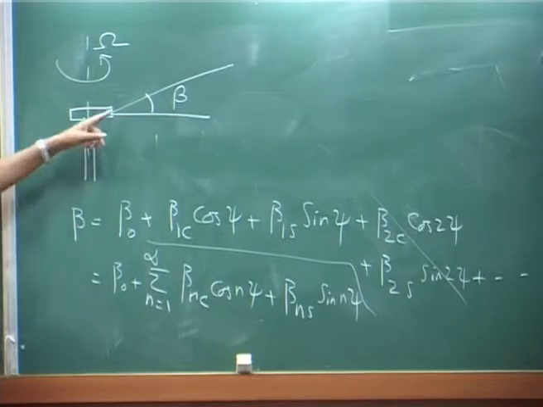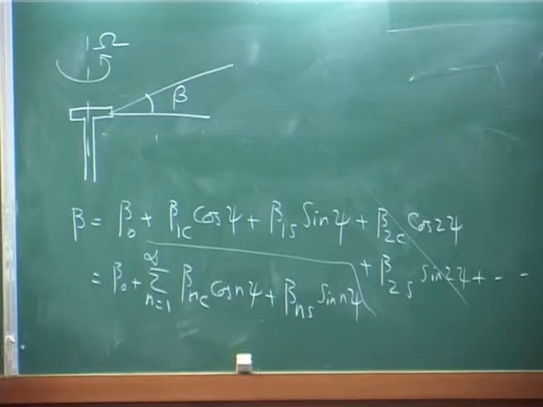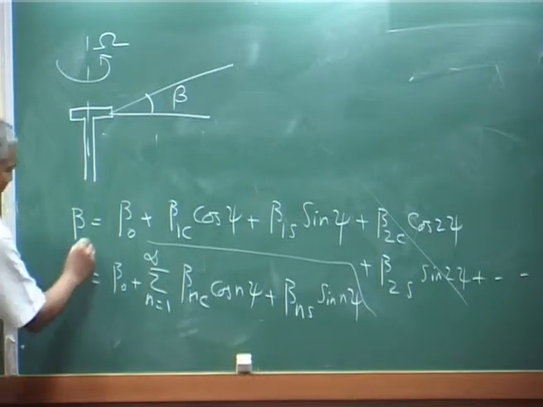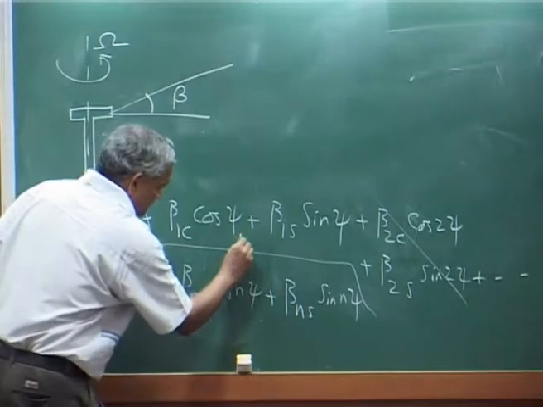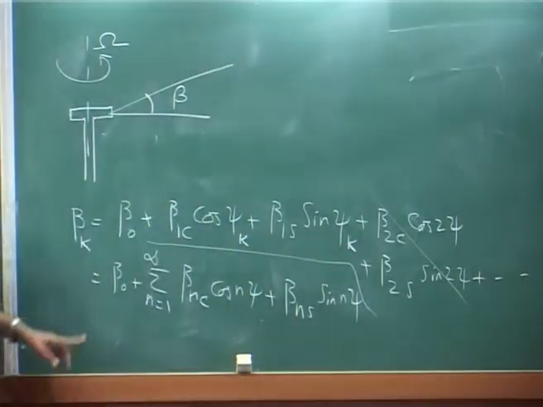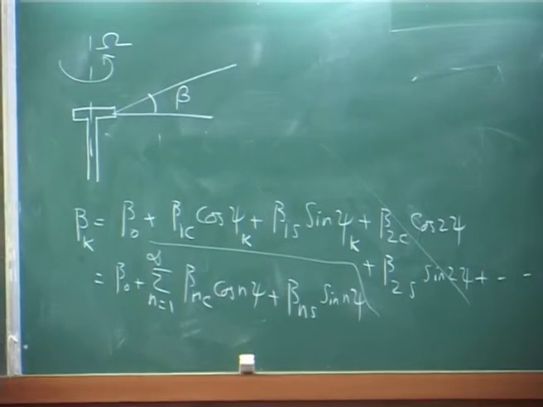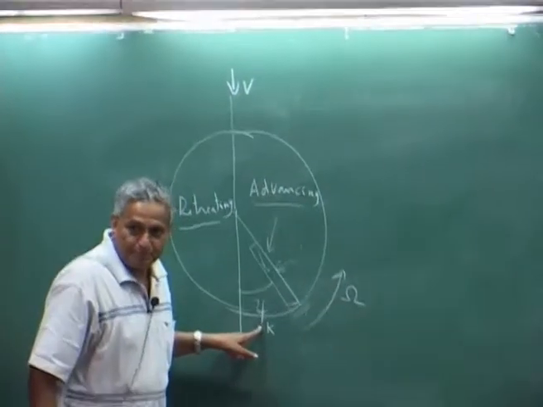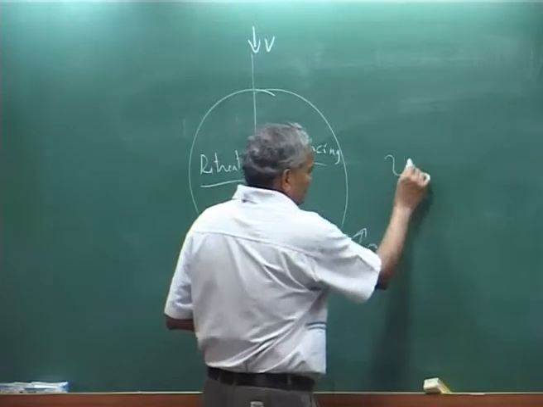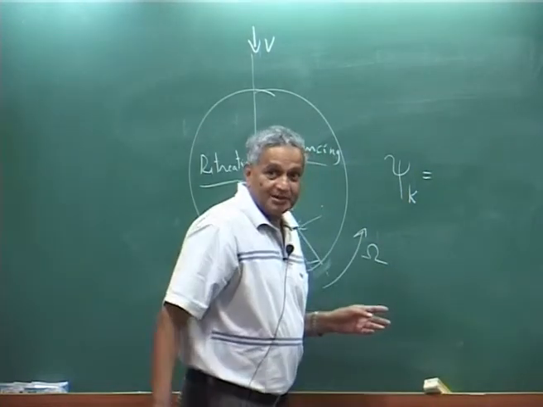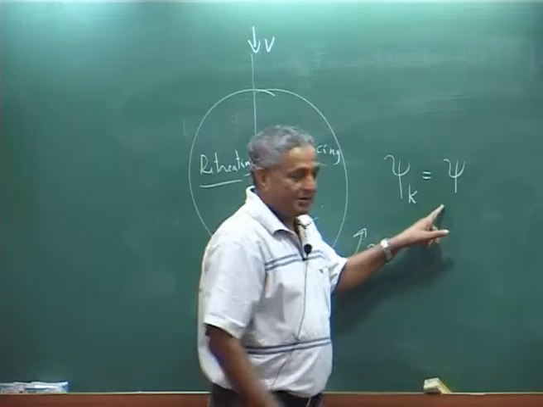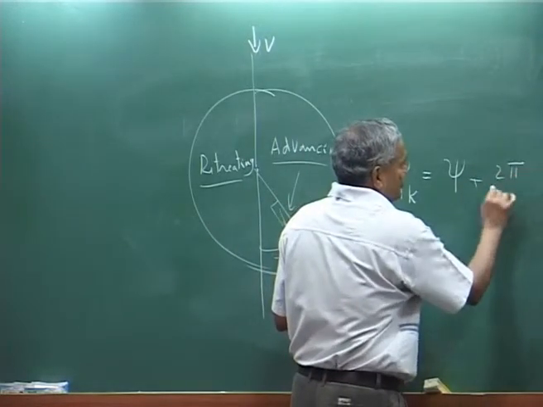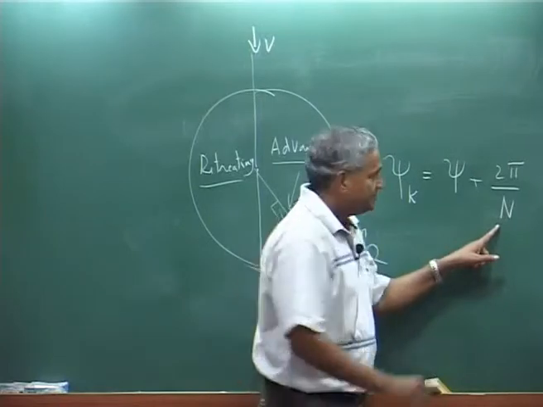This beta is for one blade, right? But if I want to look at all the blades and if I index them, then I will give beta k, where psi k becomes psi plus 2 pi over n, where n is the number of blades.